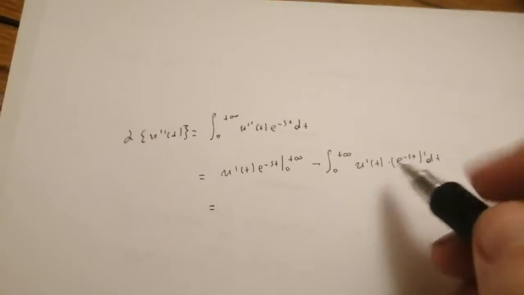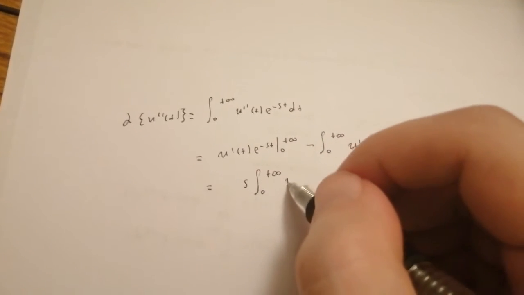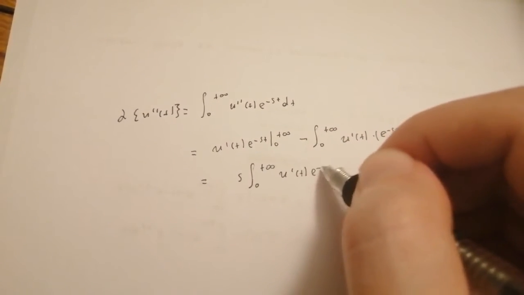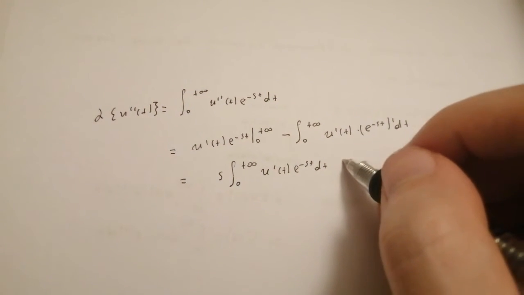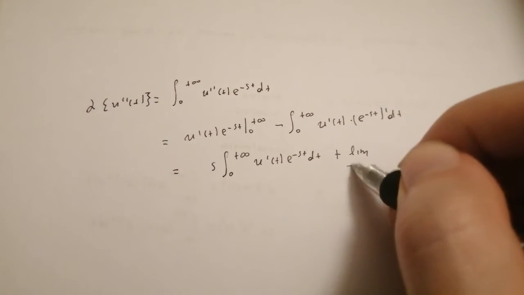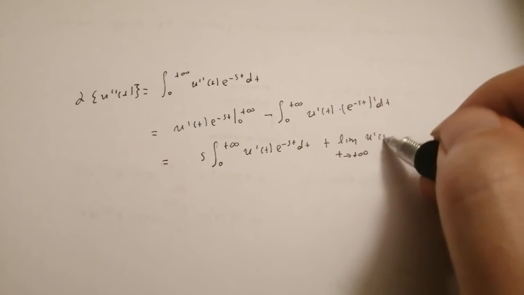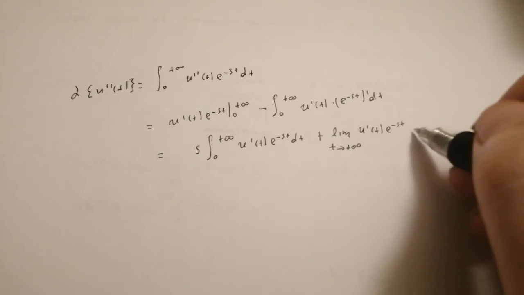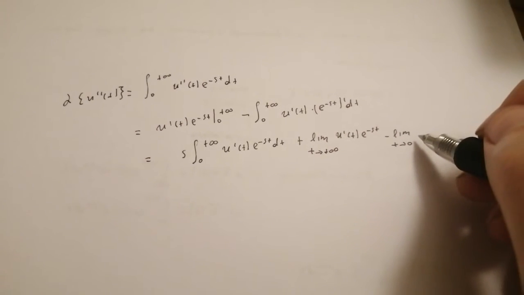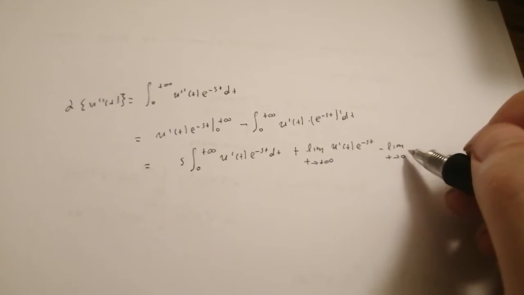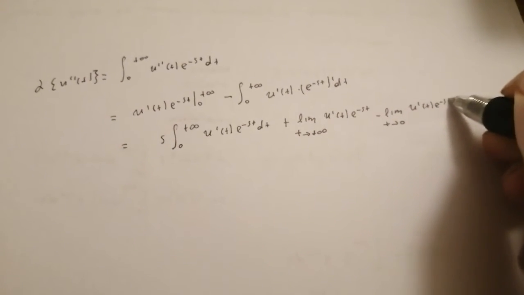So this again is s times the integral from 0 to infinity of u prime of t e to the minus s t dt, plus the limit of t going to infinity of u prime of t e to the minus s t, minus the limit of t going to 0 of u prime of t e to the minus s t.